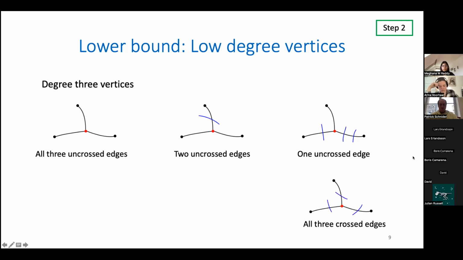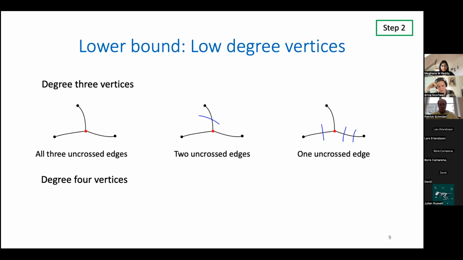We also have the third type where all of them are crossed, but it turns out that this cannot actually happen in the drawing. So let's ignore that. We have three types of degree 3 vertices that can occur in our maximal 2-plane drawing with minimum number of crossings.